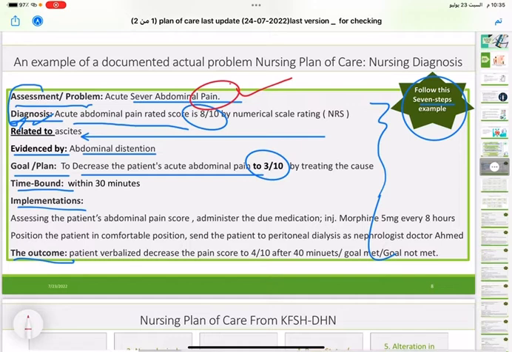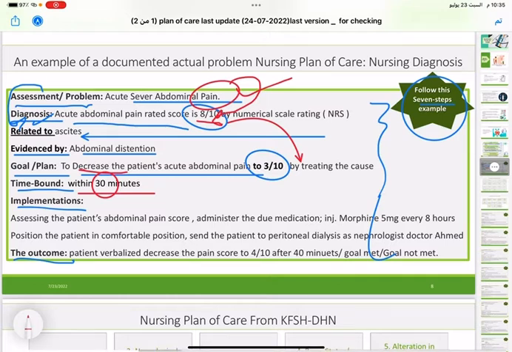So you understand this part is having a score. So you want to decrease that score. Clear? And then after the goal you want to decrease, after that one, the time bound, within 30 minutes, for example, because you will give a painkiller like morphine, according to the doctor's order. Okay, so it will be 30 minutes, so the patient's pain will decrease.